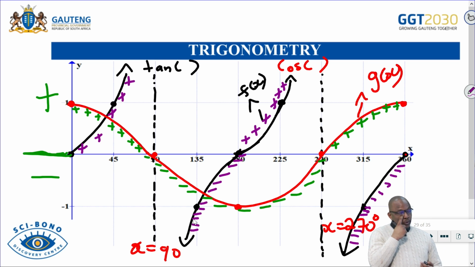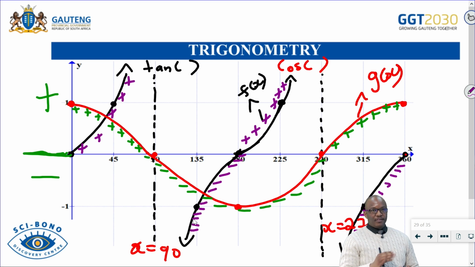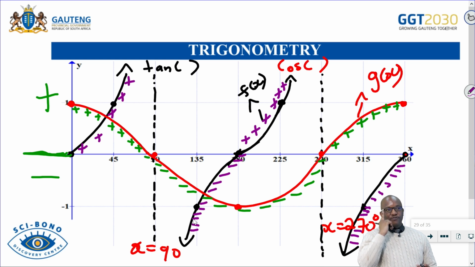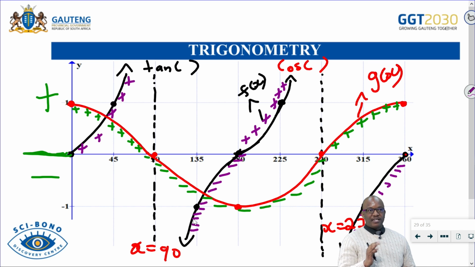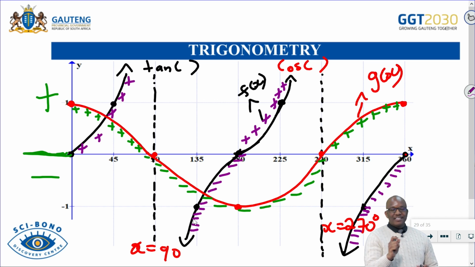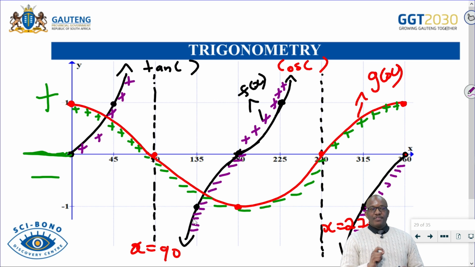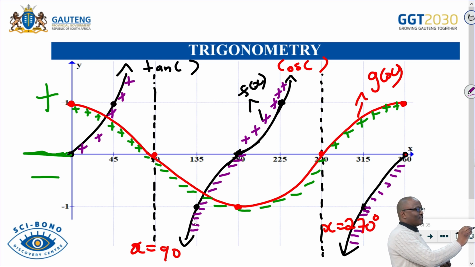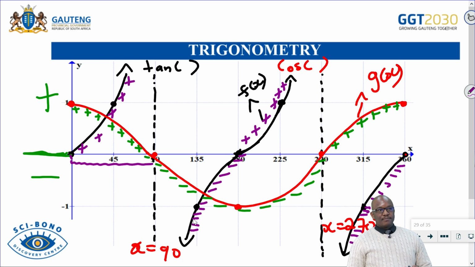So, looking at that, the y values for the graph of cos, the red one, and the y values of the graph of tan, the black one, you can see that within the first interval, when I'm saying the first interval, I'm talking about from 0 to 90.